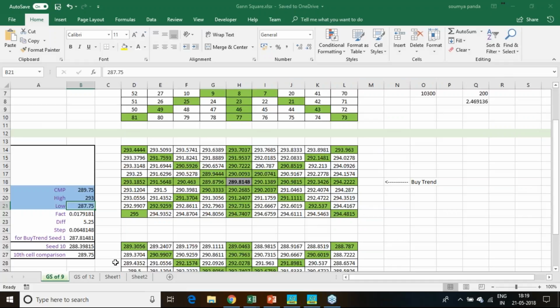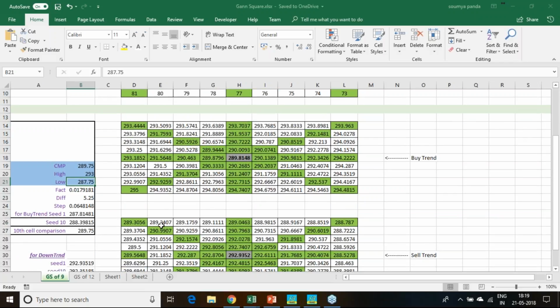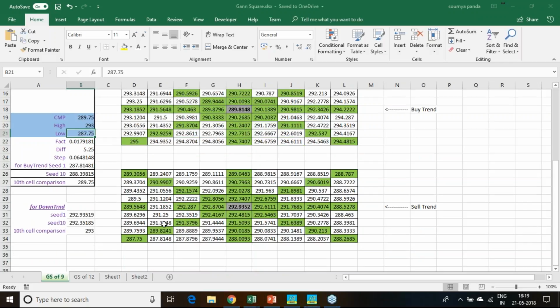When we made these small changes, taking the price range from volatility and calculating the step, there is a comparison between the 10th value, the seed value, and your current trading price. So this wheel is being reconfigured. Once it is reconfigured, we got a fantastic result out of that.